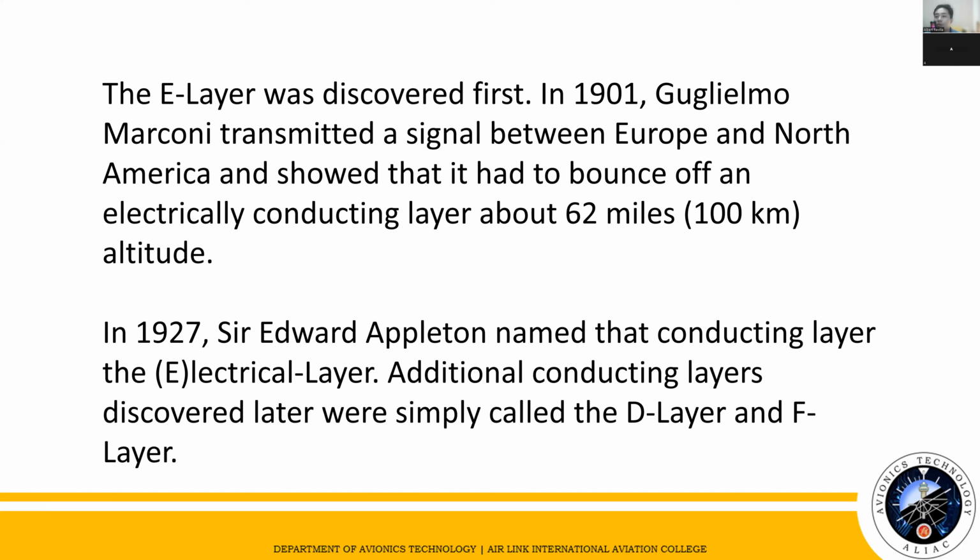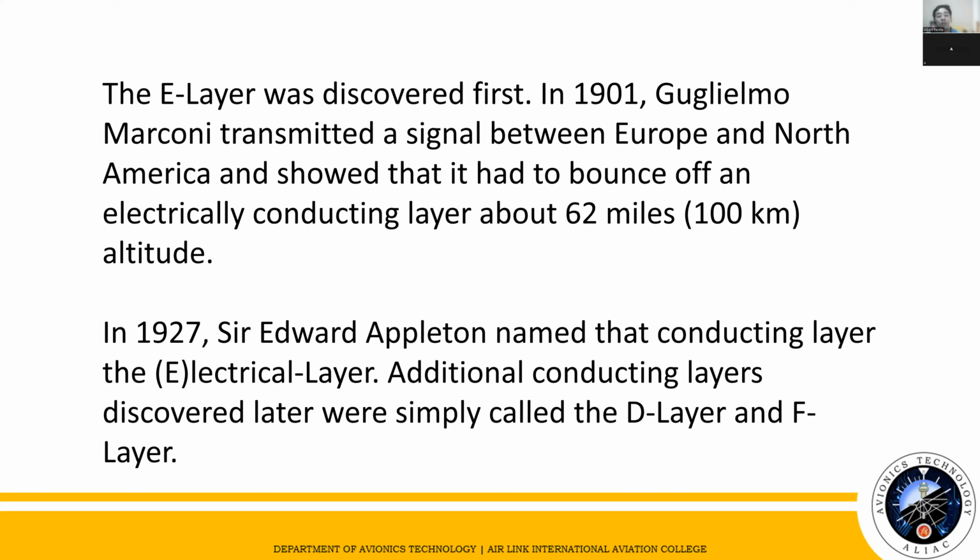So since the ionosphere's existence is due to the radiation from the sun striking the atmosphere, it changes in density from daytime to nighttime. So ulitin natin, no? The ionosphere's existence is due to radiation from the sun, nag-strike siya sa may atmosphere.